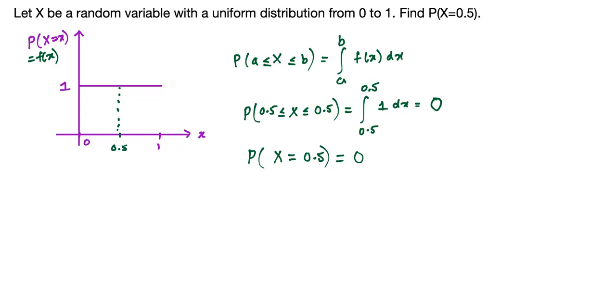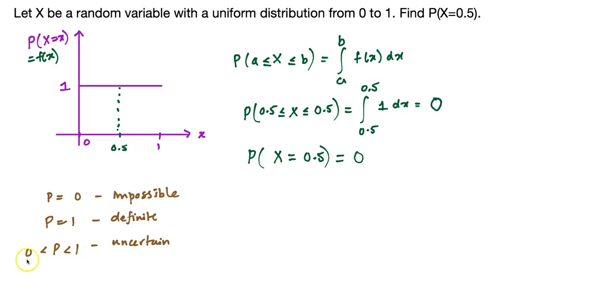And from our conventional understanding of probability, if the probability of something is 0, it's an impossible outcome. And if the probability is 1, it's definitely going to happen. So it's like a definite outcome. And if the probability lies between 0 and 1, it's uncertain, which is typically how most random variables tend to behave.